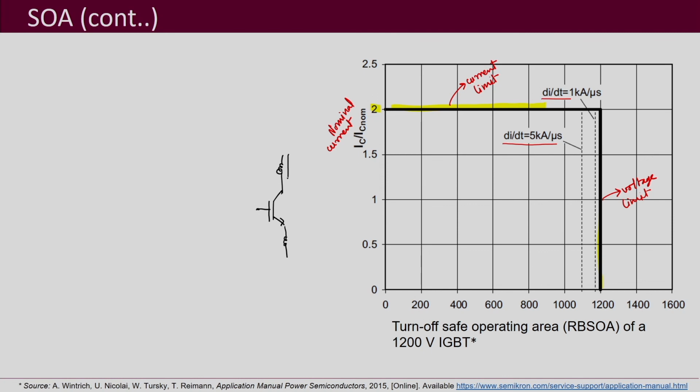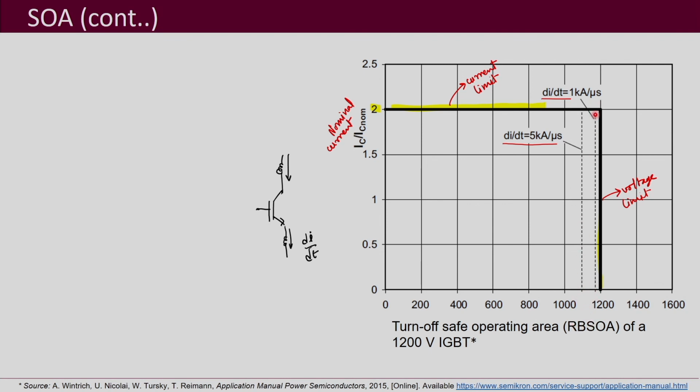So during turn off, as the currents are changing through these, there is an associated di by dt, and whatever is the rate of change is going to affect the voltage that is going to appear across it, and so finally the voltage the device might have to withstand. Okay. So that affects basically the turn off process, and so your di by dt limits also reduce the RBSOA area.